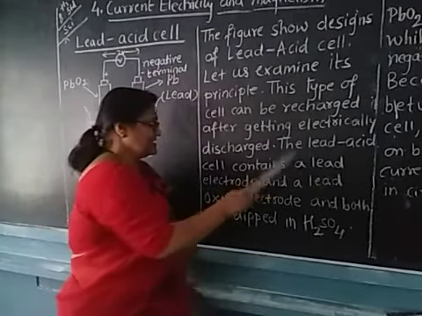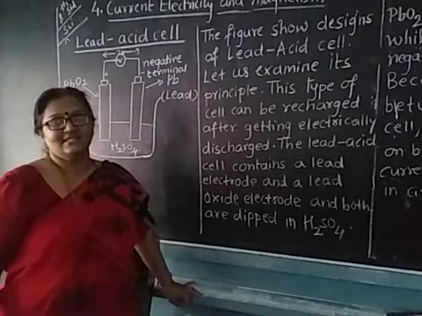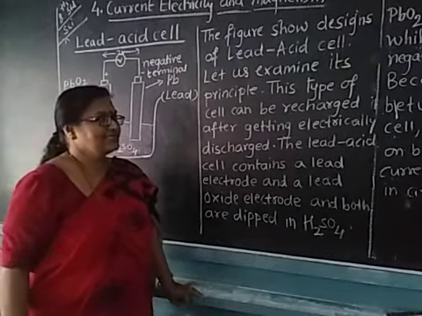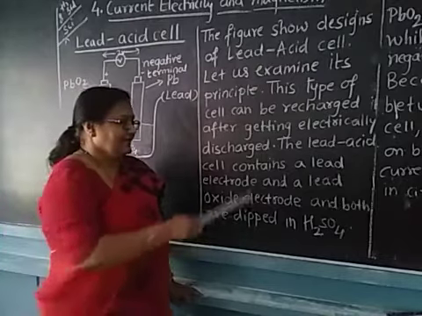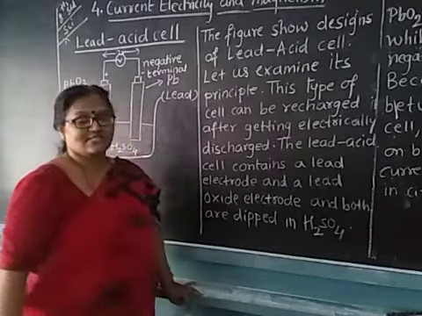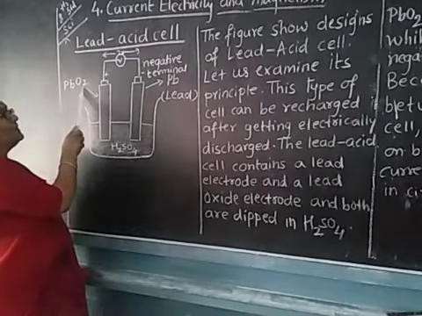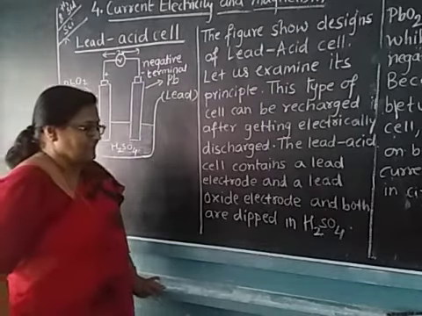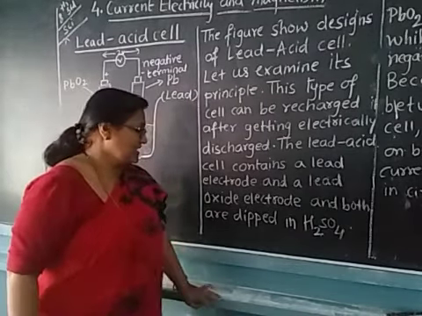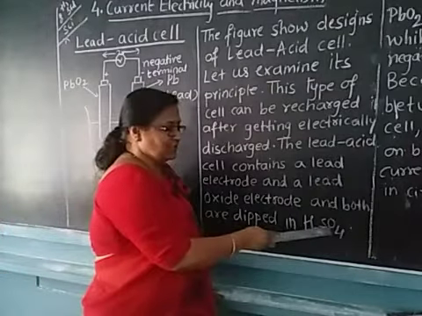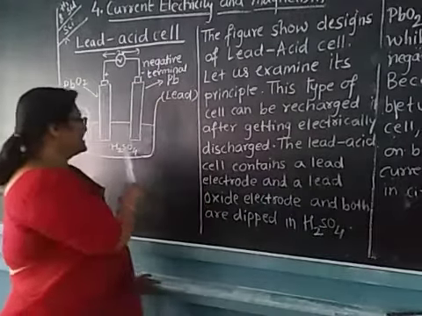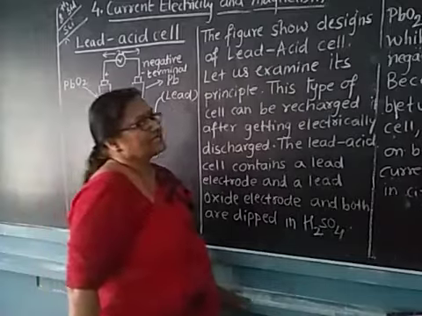The lead acid cell contains a lead electrode, and a lead oxide electrode is also present here, that is Pb and PbO2. These are the two electrodes dipped into H2SO4, that is sulfuric acid.